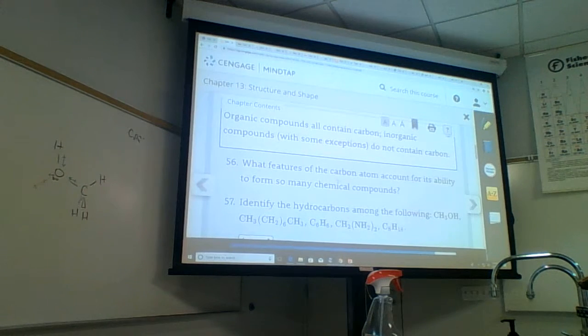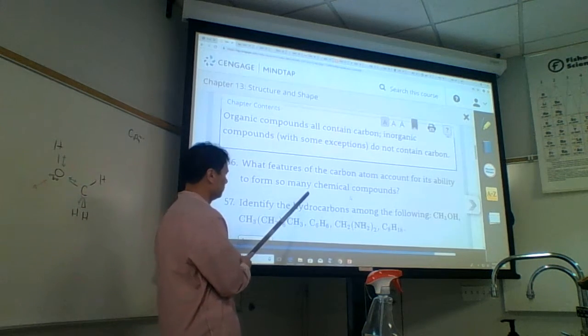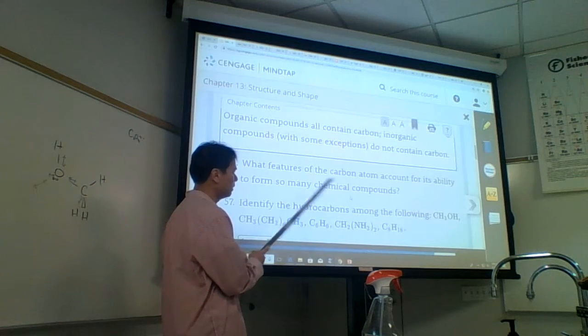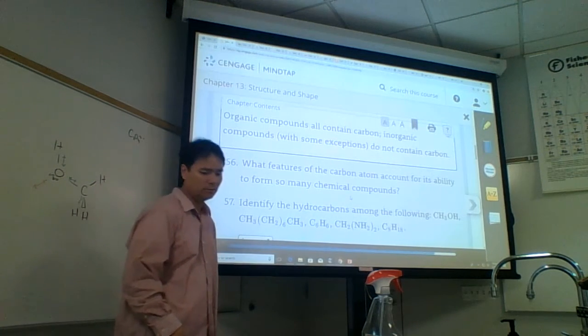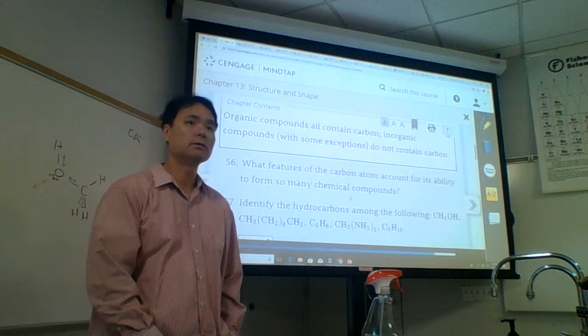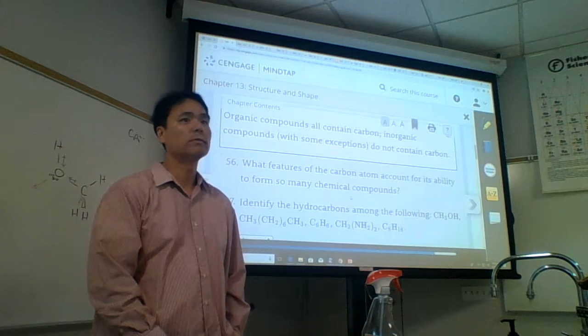What features of the carbon atom account for its ability to form so many chemical compounds? The reason organic chemistry was split off is because carbon forms so many different chemical compounds. Why? I mentioned this verbally: carbon can form up to 4 bonds.